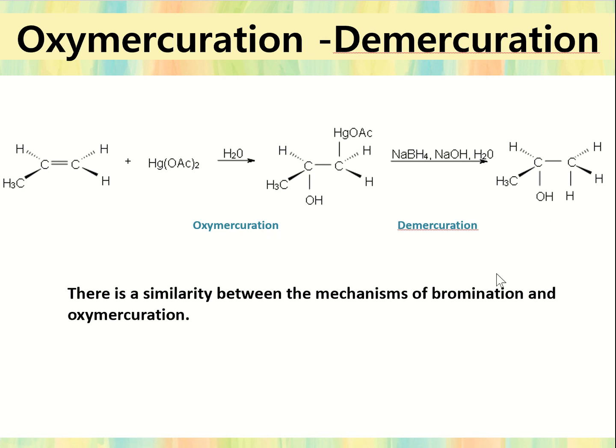So this is one way in which alcohol can be synthesized. We're going to look briefly at the mechanism of this reaction, and it should be familiar to you from the bromination of alkene mechanism.